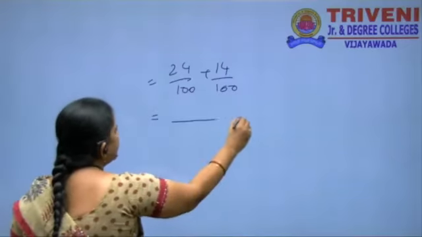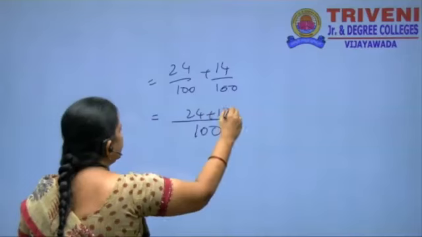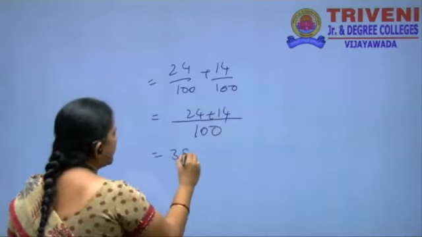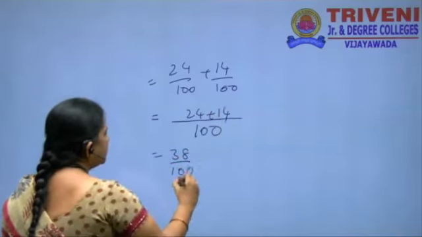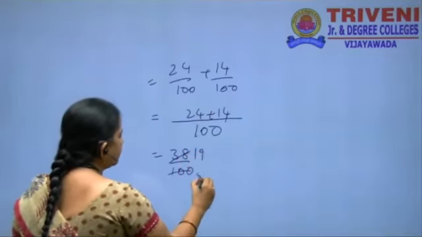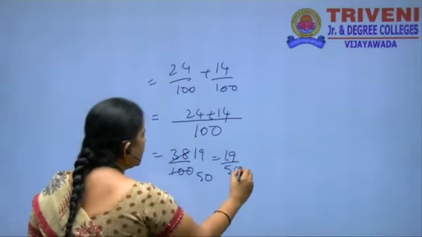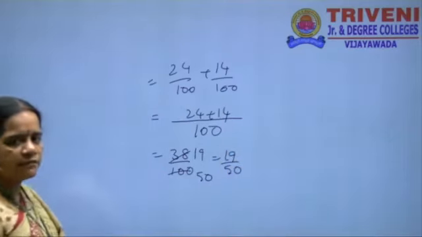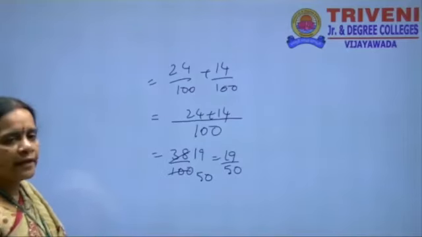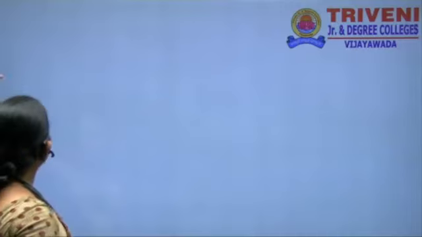Here the denominators are the same: 24 plus 14 is equal to 38 by 100. Reducing, 2 nines are 18, so it is 19 by 50. The probability that only one of A and B passes the examination is 19 by 50. Okay, and then we are going to the next problem.